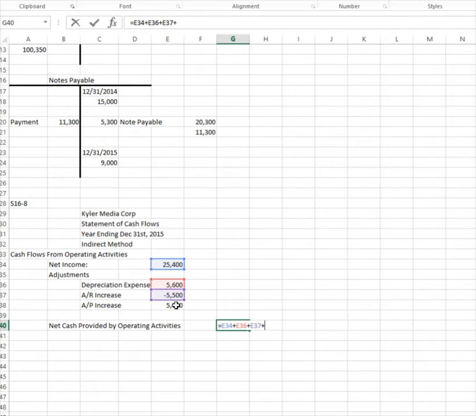You can use a summation formula here if you want to, or just do what I did and push your little equal sign and click on each cell and the plus sign next to it. And we see that our net cash provided by operating activities comes out to $30,500. Okay, so then the next category that I want to look at is cash flows from investing activities.